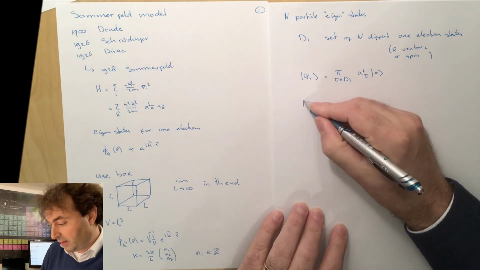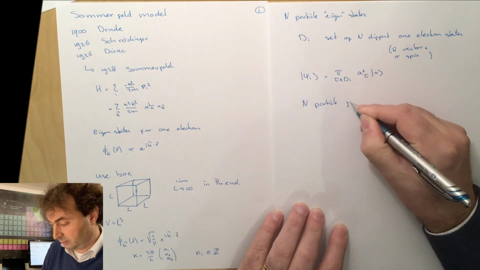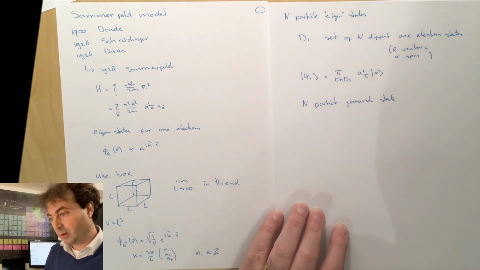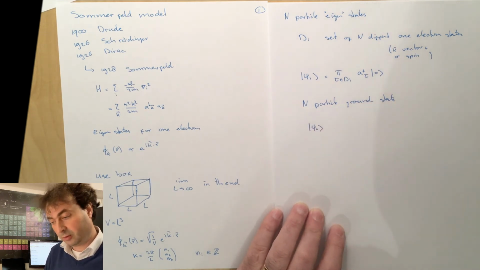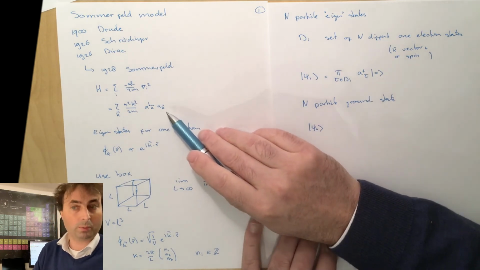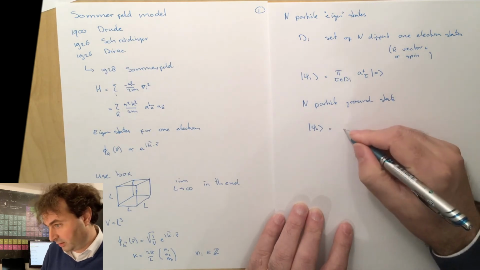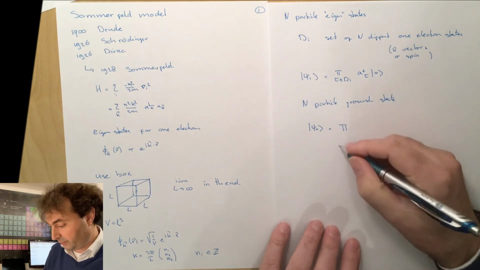If we want to look at the n-particle ground state, then we can easily do this, as the energy of our states is just the sum of the energy of the single particle states. We can generate the ground state by taking the states with the lowest energy.